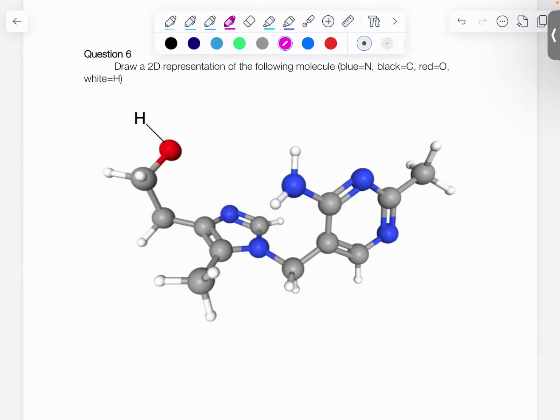we are going to draw a 2D representation of this molecule. So we know that we start with a CH3 here, and that is then attached to this 6-membered ring. Now we can fill in the double bonds that we see, as well as the other substituents.